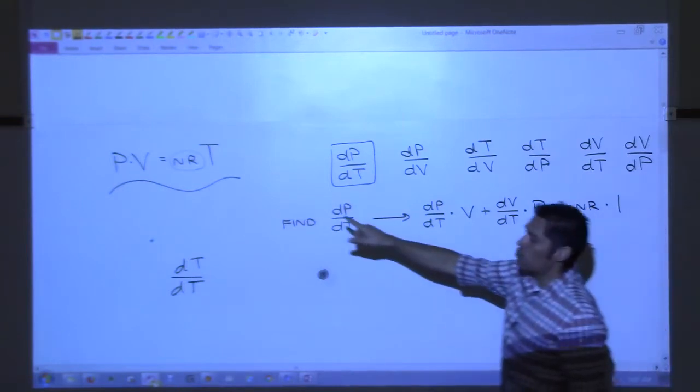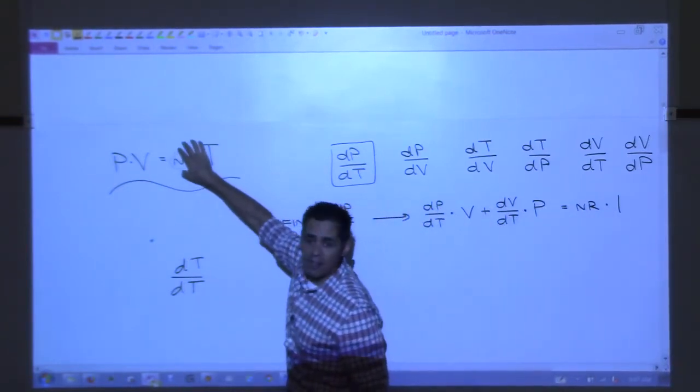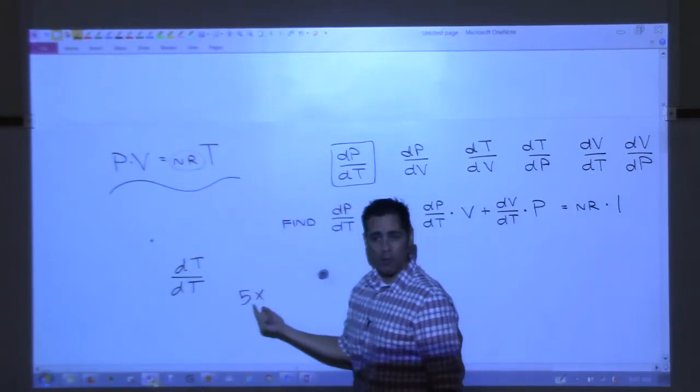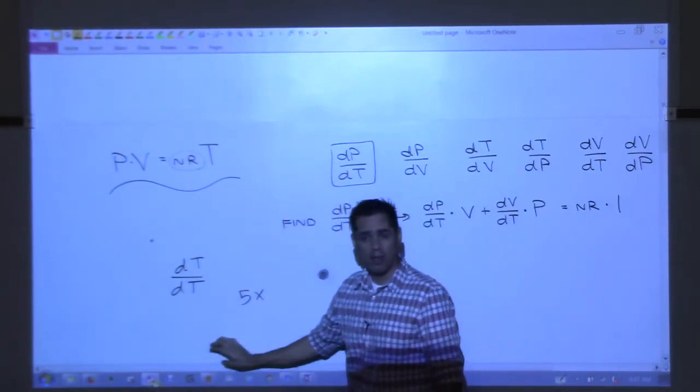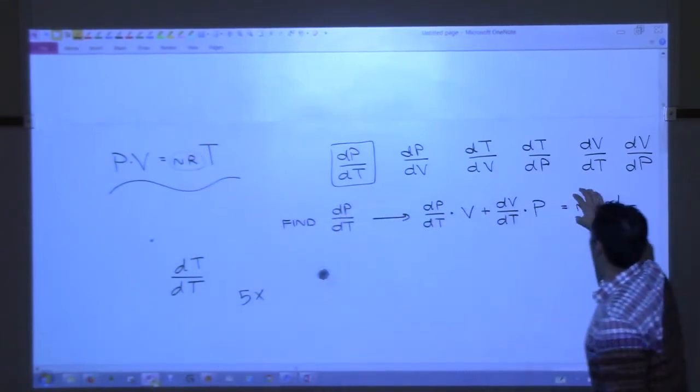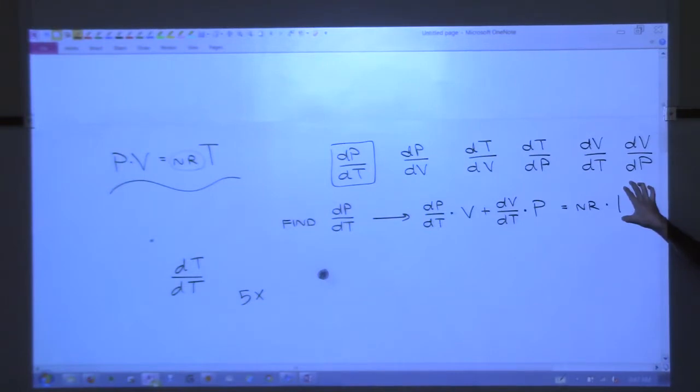It's not a product rule here because that's a constant. It's like if I take the derivative of 5x, you don't do a product rule. You just bring the 5 along and take the derivative of x, right? That's what I'm doing there. I'm bringing the NR along, and then I'm just taking the derivative of T with respect to T, which gives me the 1. This good?